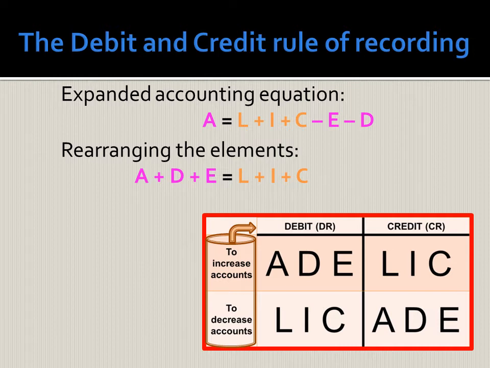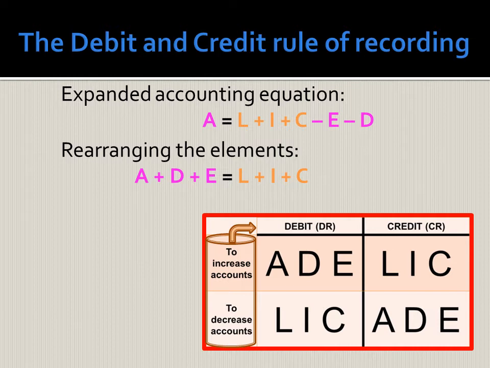The debit and credit rule is simply assigning an increase in the asset, drawings, and expense accounts as debits to the account, while an increase in the liability, income, and capital accounts is assigned a credit to those accounts.